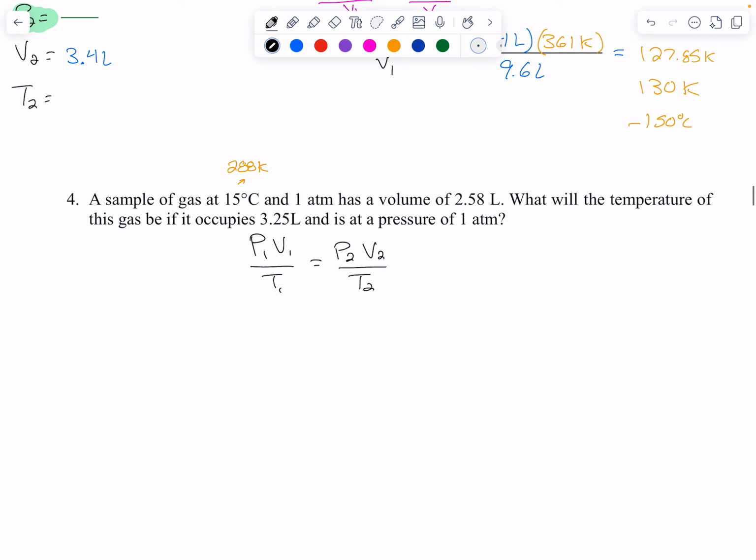All right, so now P1. I think it's 1 atmosphere, right? I don't know if you guys see that or not, because we're looking for a temperature. And we got 1 atmosphere. We have another temperature here. We have a volume, and another volume, and a pressure. So pressure is 1 atmosphere.